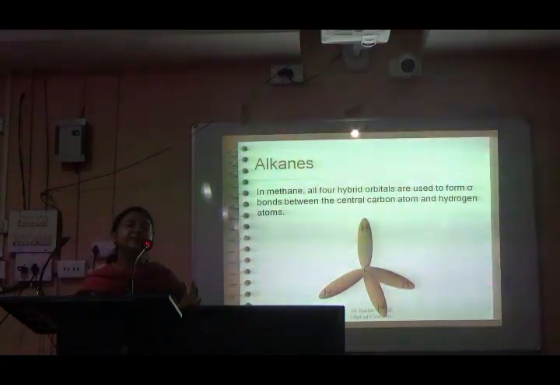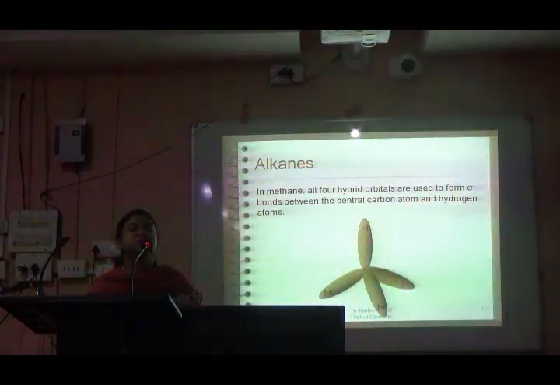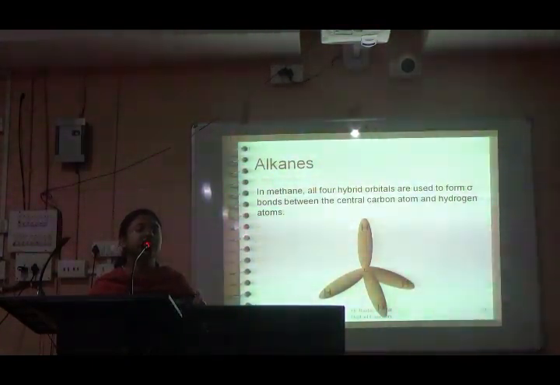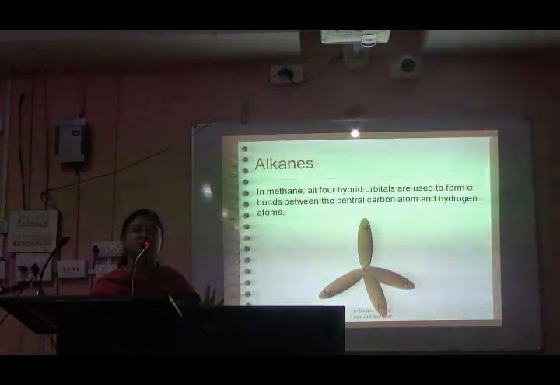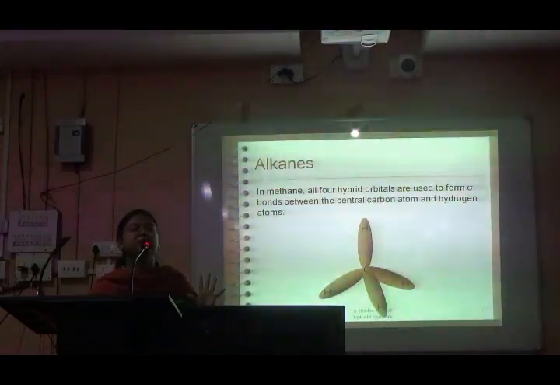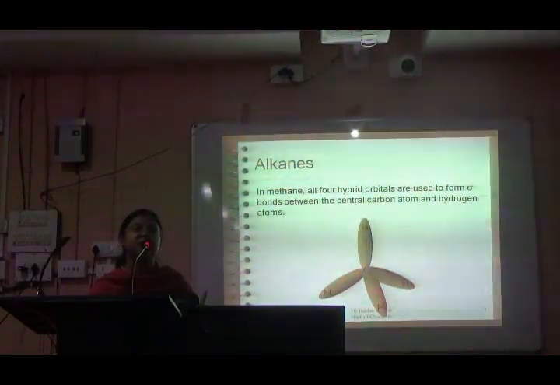Now, how can this hybridization help to give an insight into the shapes of different hydrocarbons? Let's start with alkanes. In methane, all the 4 hybrid orbitals are used to form sigma bonds between the central carbon atom and the hydrogens, because we know that the formula for methane is CH4, that is, a single carbon is bonded with 4 hydrogen atoms.